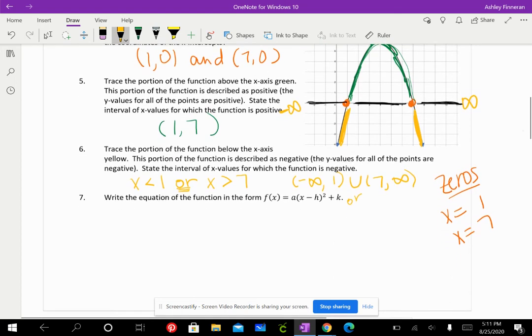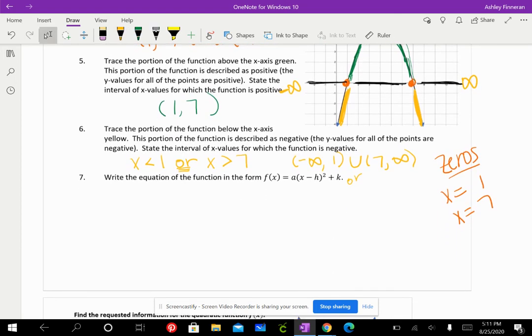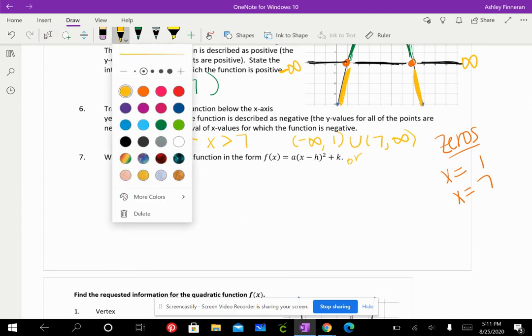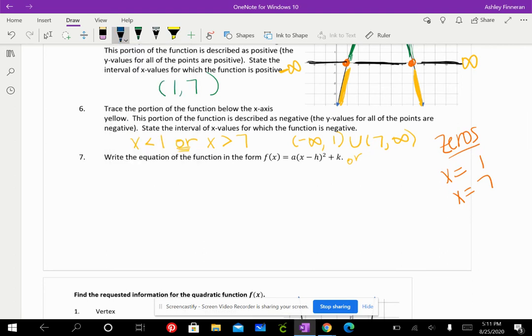And then finally, the last question says, write the equation of the function in this form. And I'm actually going to do a couple of things with this question. I'm going to write it first in vertex form, and then I'm going to convert it to standard form just to remind you how to do that. So first, we know the vertex is at 4, 6, which means h, k is 4, 6.